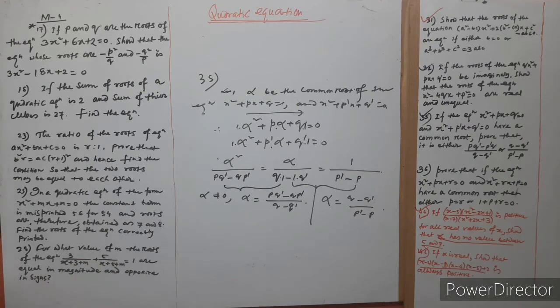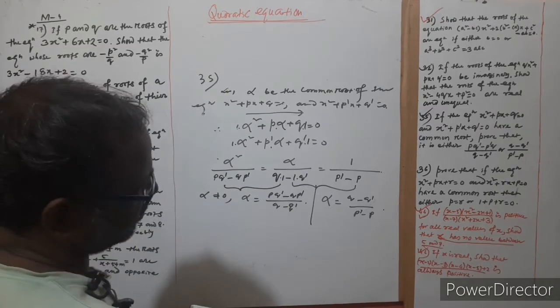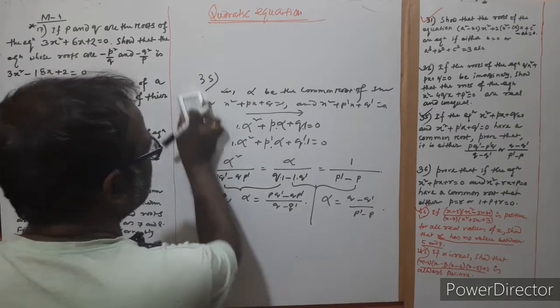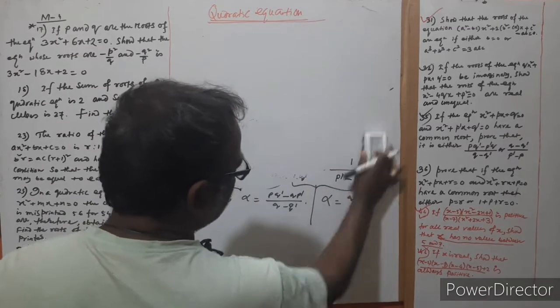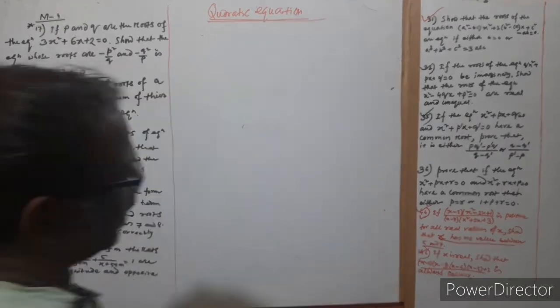And now we have the solution of 36 here. See carefully, we have to proceed with the same technique here. This is 36, where both equations have a common root.